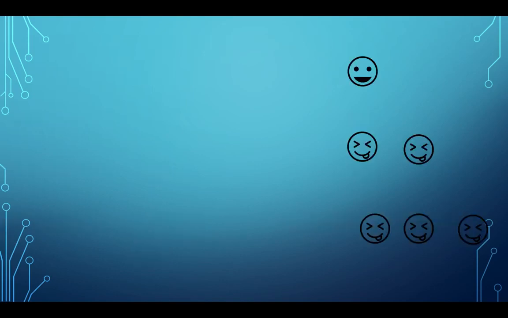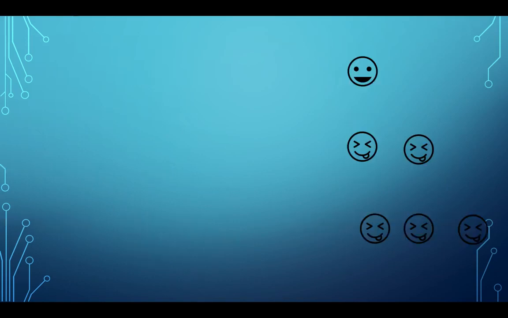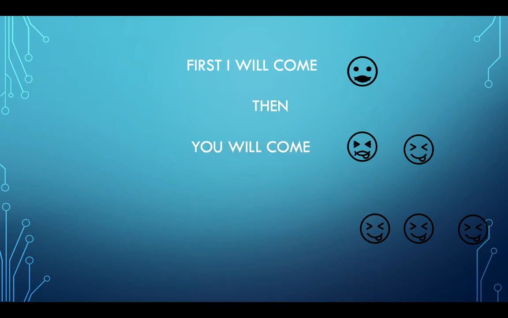Now let's move further. In fact, children, there is a very easy way to learn and keep in mind the three persons, which goes like this. I have got here smileys. The first smiley shows the first: I will come. Then you will come.